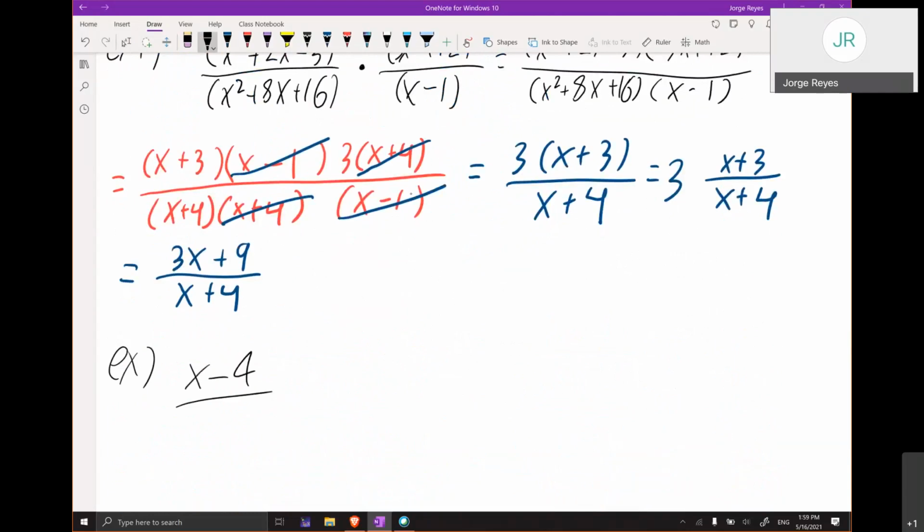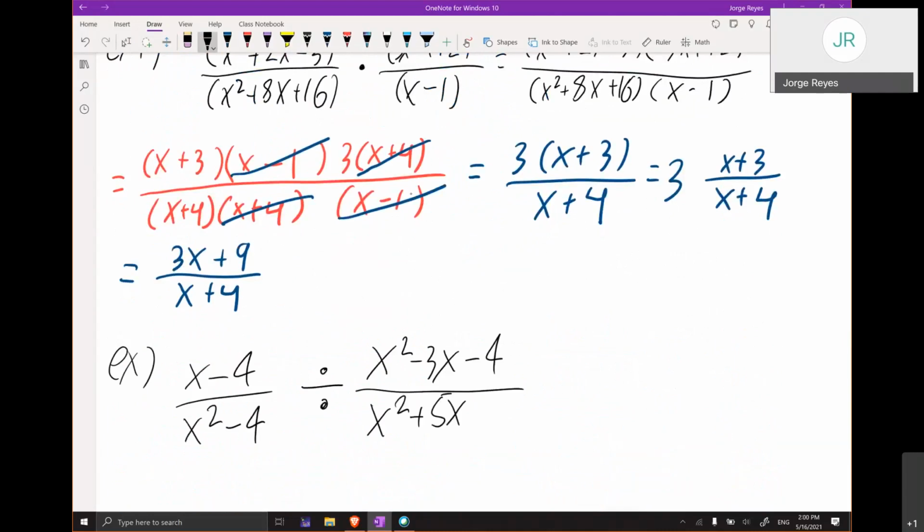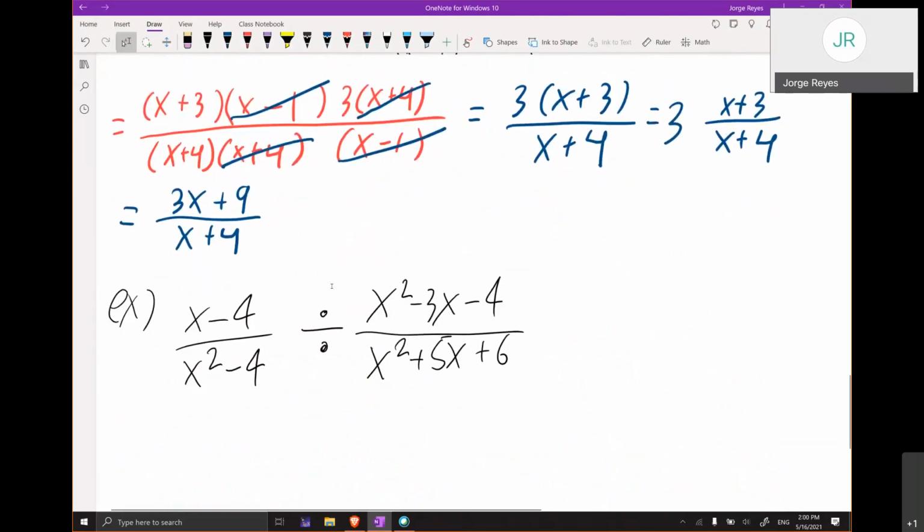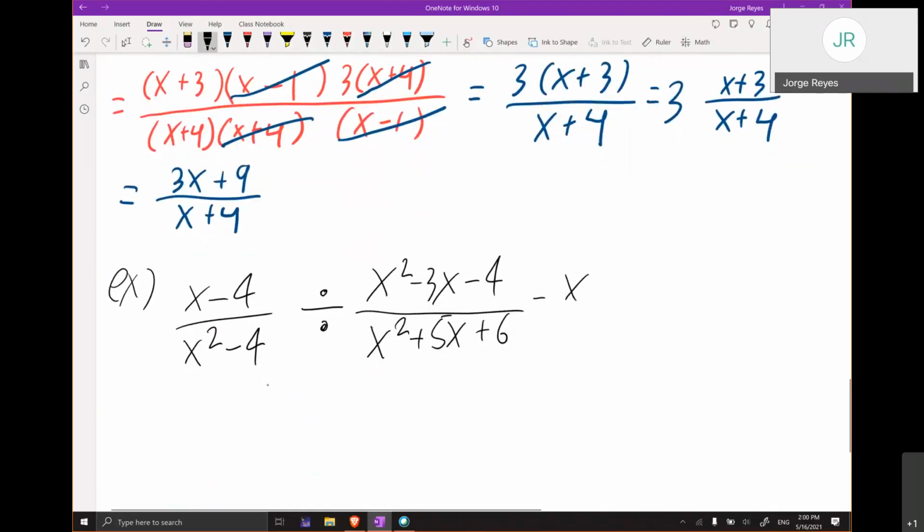So here I'm gonna have some polynomials and I'm gonna divide. x squared minus 3x minus 4, x squared plus 5x plus 6. So remember the keep, change, flip, or keep, change, change. I'm going to keep the first rational expression the same. I'm going to change the division symbol to a multiplication symbol.